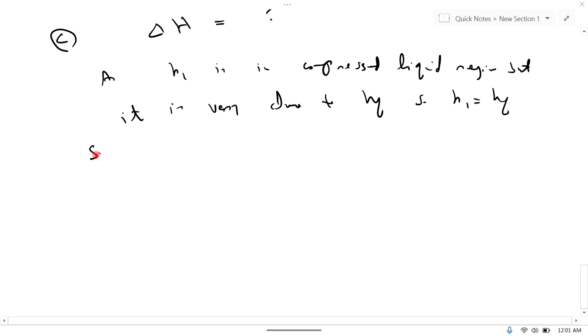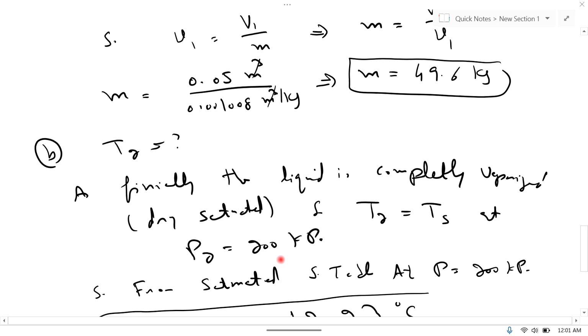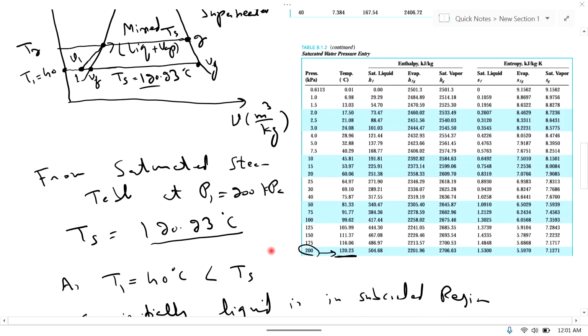So from the saturated steam table at temperature T1 equal to 40 degrees centigrade, find the value of Hf from this table.